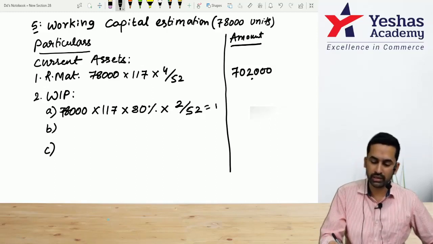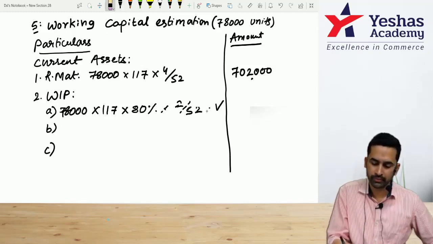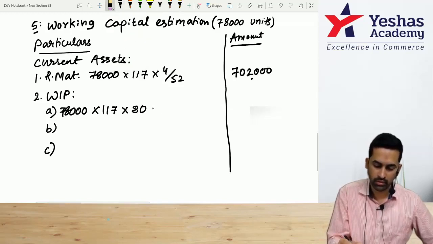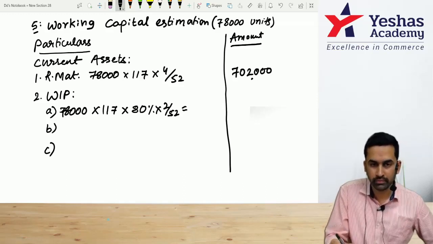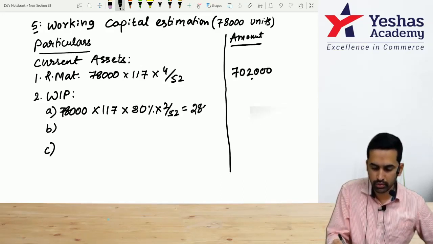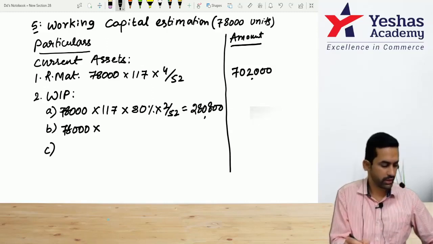You write this number in the inner column. Anyone? 280,800.